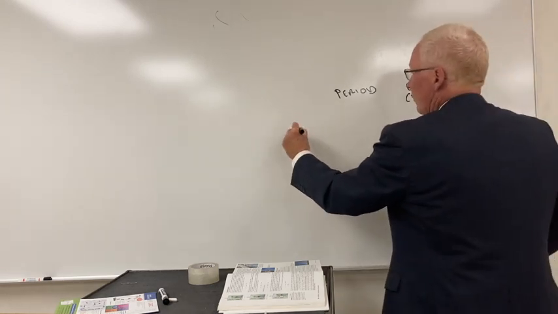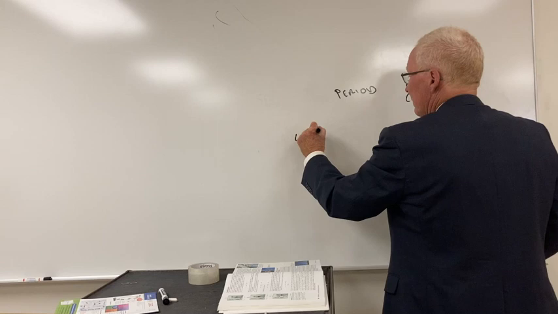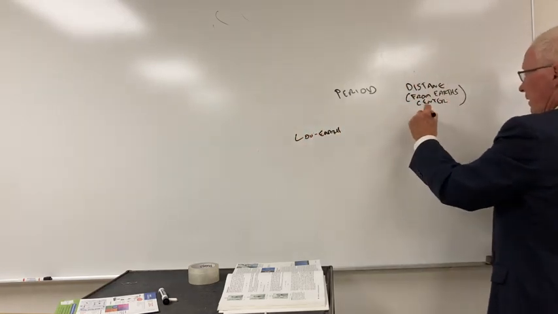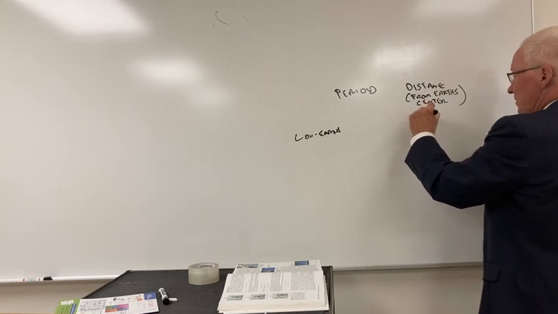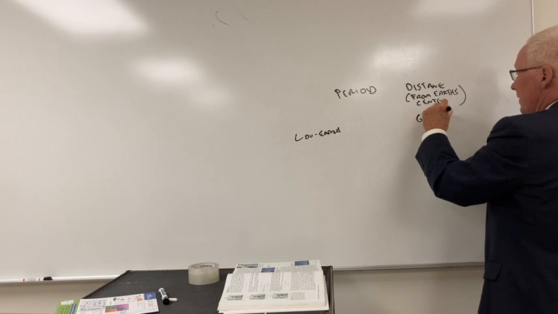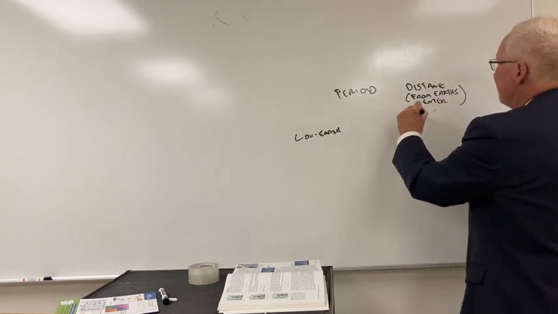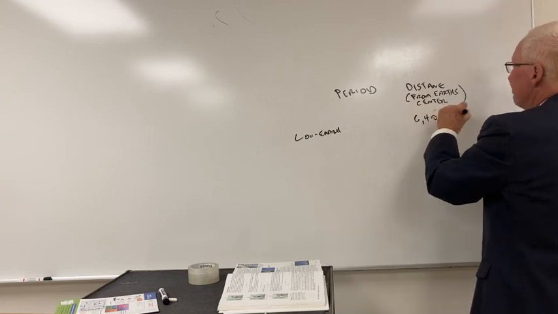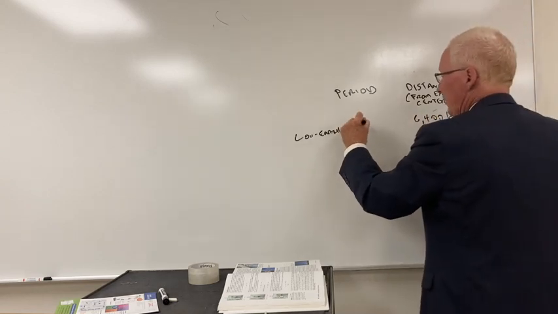So for low Earth, the radius is roughly 6 times 10 to the 4th, and the period is roughly 88 minutes.